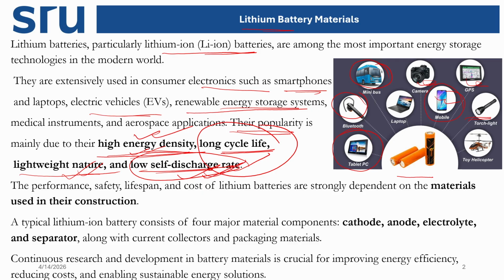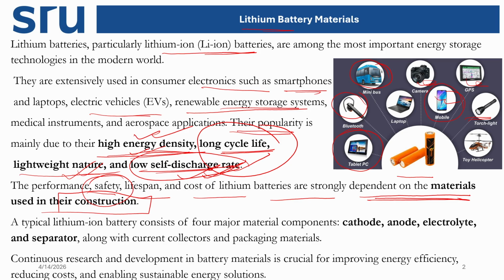The performance, safety, lifespan, and cost of lithium-ion batteries are strongly dependent on the materials used in their construction. How much energy we can store in the device, what the cost of the material is, and more importantly, how safe it is, all depend on which materials we use in that battery.